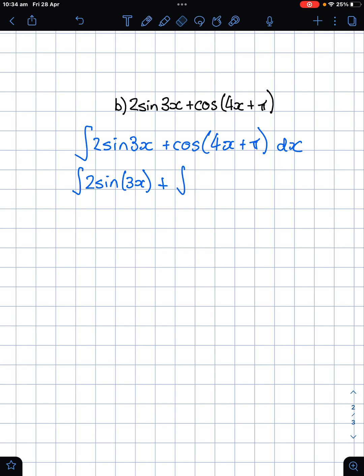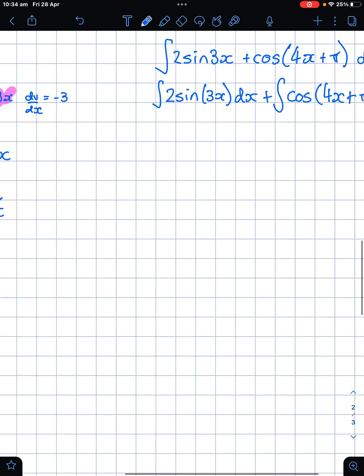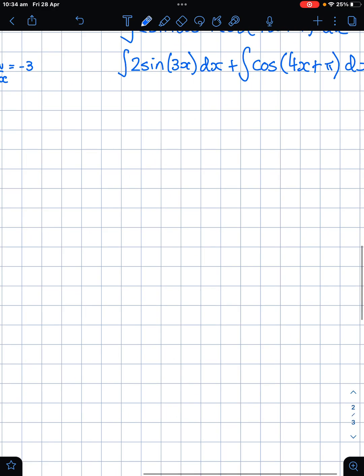I keep forgetting little bits of notation, so make sure you're more careful than I am.